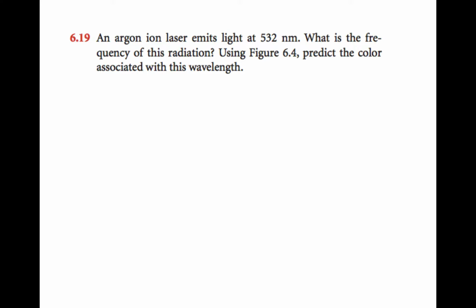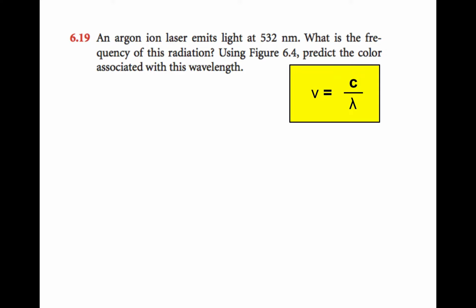An argon laser emits light at 532 nanometers. What is the frequency of this radiation? Use figure 6.4 to predict the color associated with this wavelength. All right, so like we just saw before, there's a relationship between wavelength and frequency.